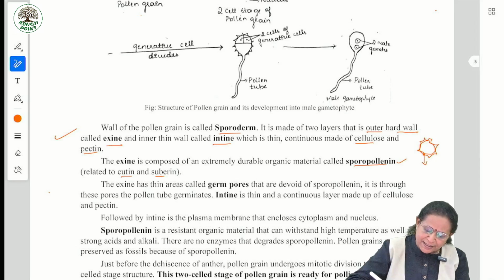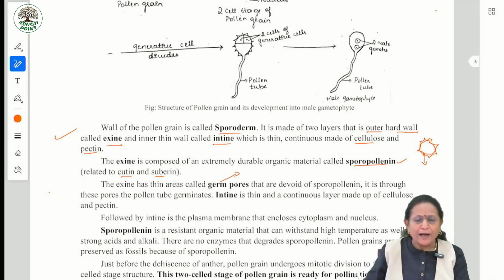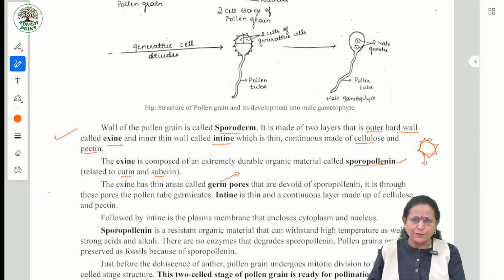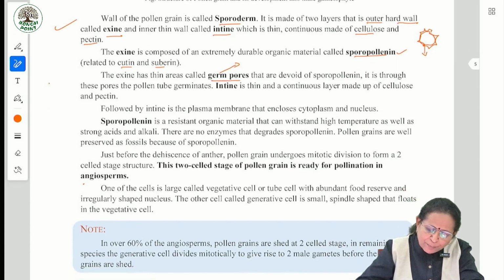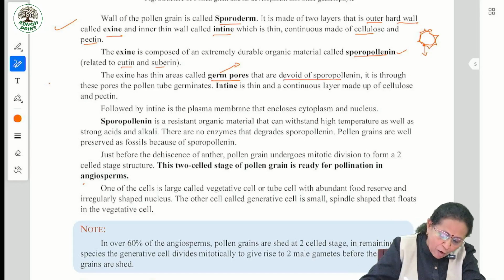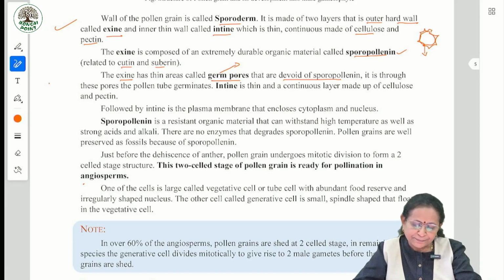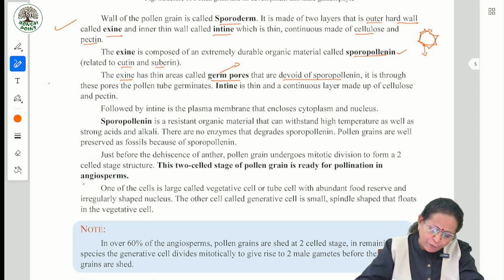Such regions without sporopollenin are called germ pores. Students, I told you the meaning of germ pores, that is, regions devoid of sporopollenin on the exine. Followed by this is the plasma membrane which encloses the cytoplasm and nucleus.